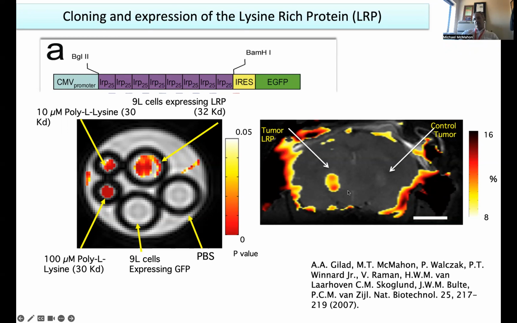And in fact, he could also see elevated contrast for the tumors which grew in mice, which had this LRP-expressing protein in the cells compared to the control tumors.